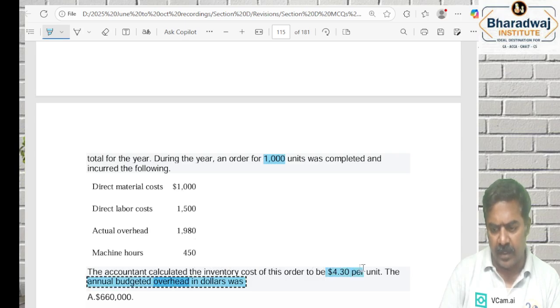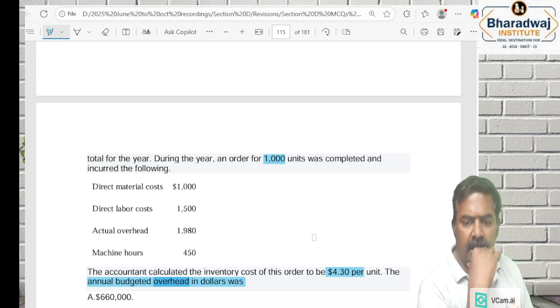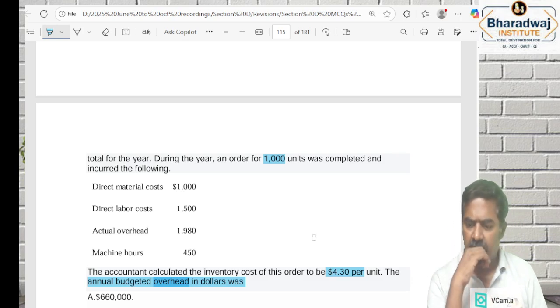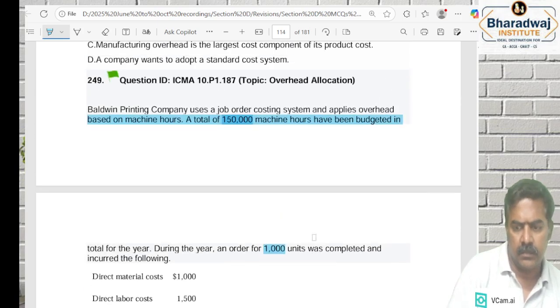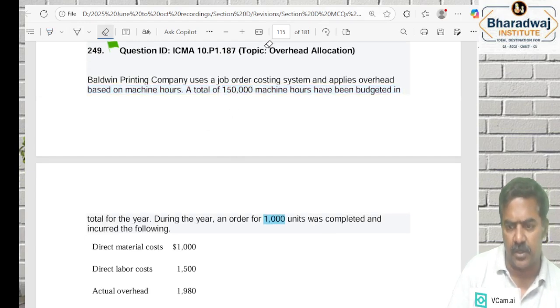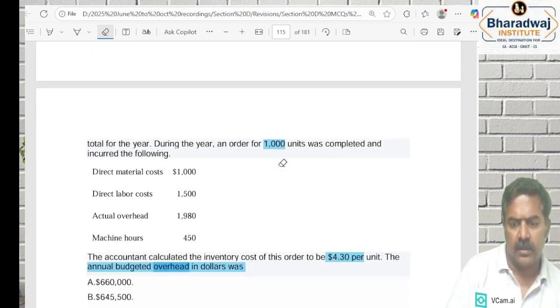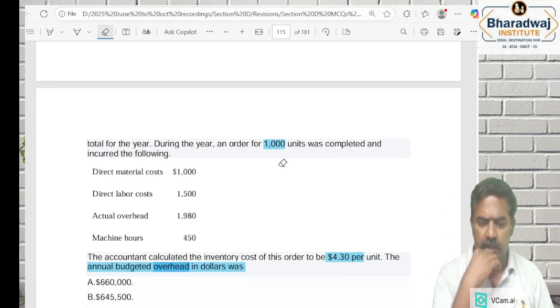Inventory at 4.3 is given. They ask what the budgeted unit schedule is. A total of 150,000 machine hours were budgeted. An order of 1,000 units was completed and incurred the following.